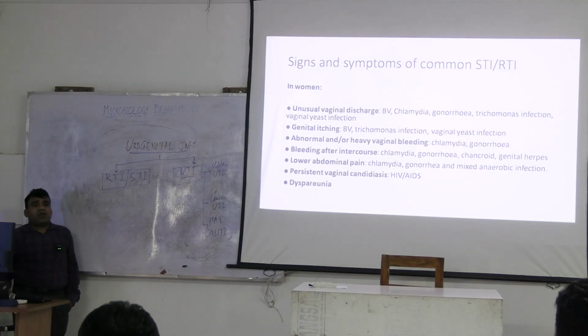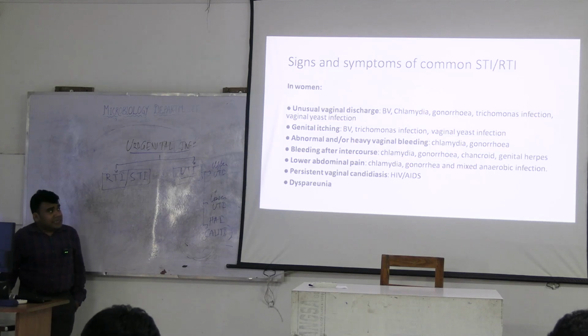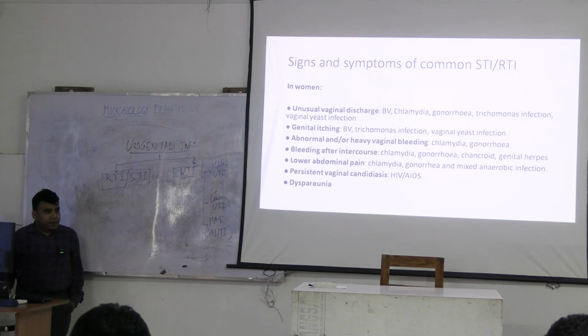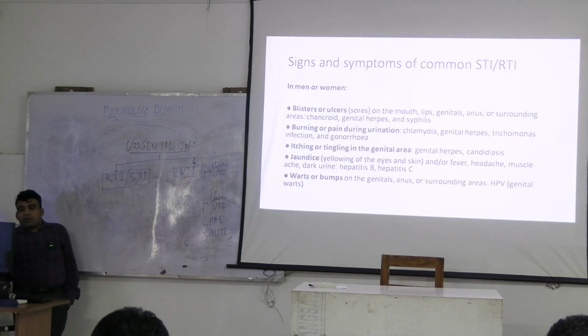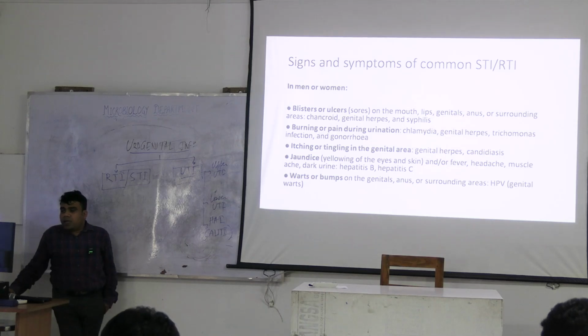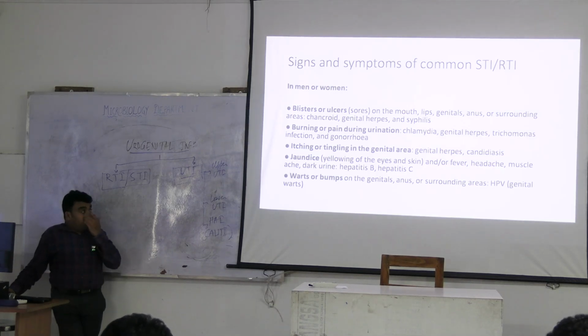Sometimes abnormal or heavy per vaginal bleeding can be seen, or pain during intercourse or bleeding after intercourse may be seen. Another important feature is lower abdominal pain and dyspareunia. Dyspareunia means pain during sexual intercourse. Some of the common manifestations seen include any kind of genital ulcers, or dysuria or urethritis. Signs of urethritis may be seen.